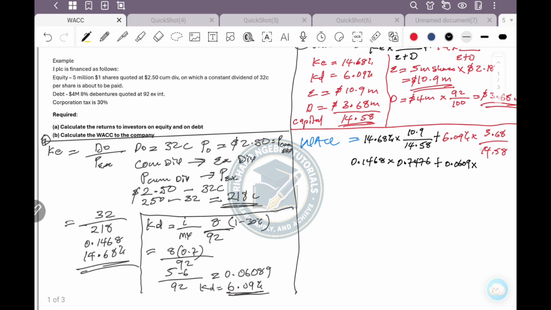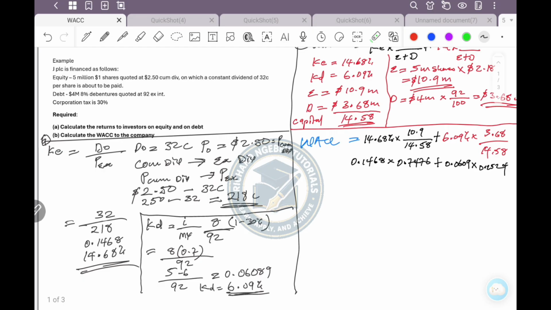Multiplied by the weight of debt, which will be 0.2524. So all you need to do now is to solve this, then you add them both.